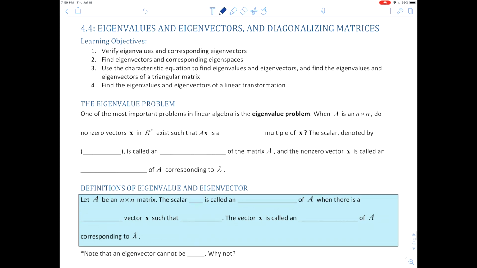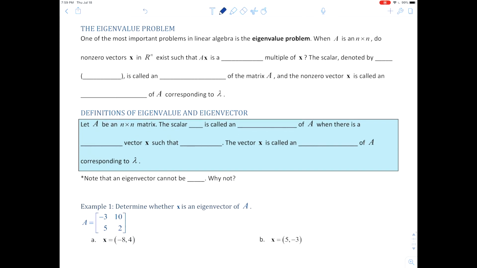The eigenvalue problem. One of the most important problems in linear algebra is the eigenvalue problem. When A is an n by n matrix, do non-zero vectors x in Rn exist such that Ax is a scalar multiple of the vector x?